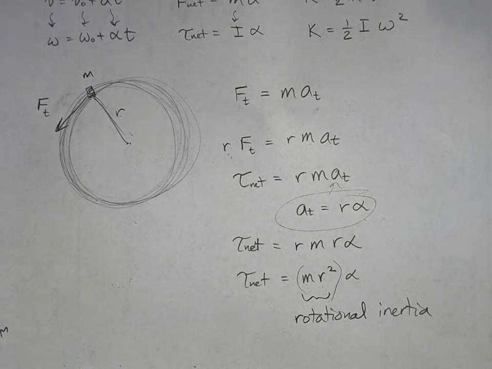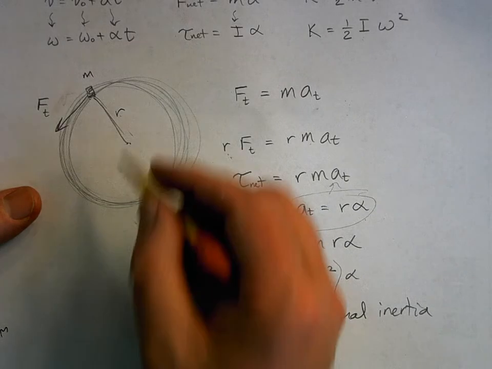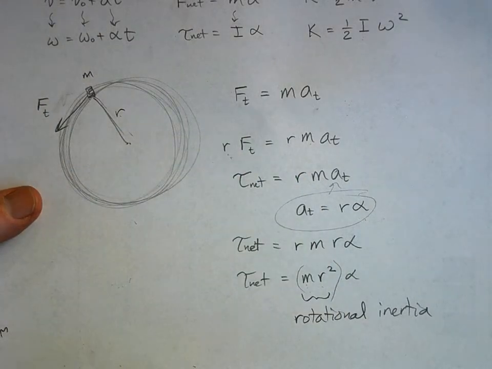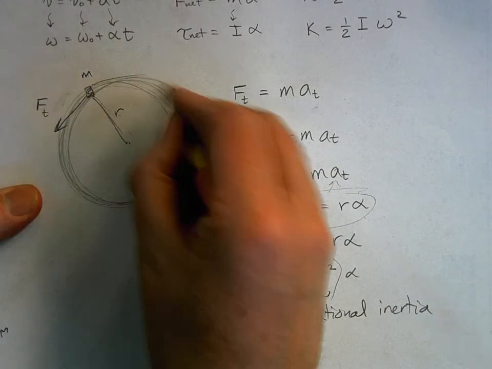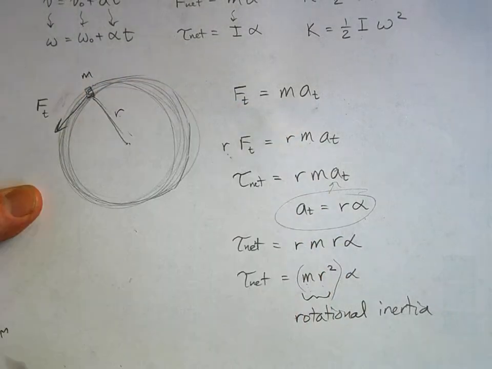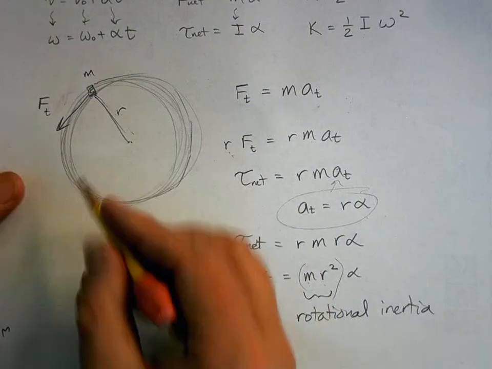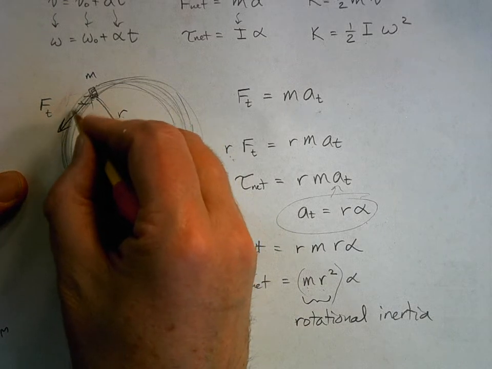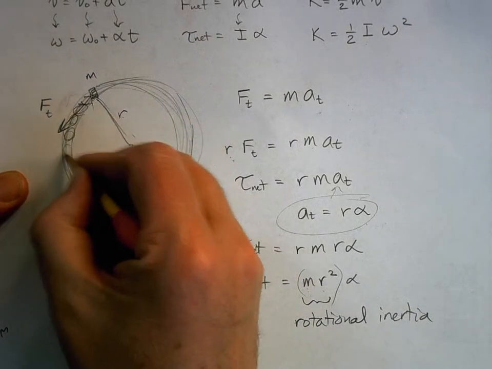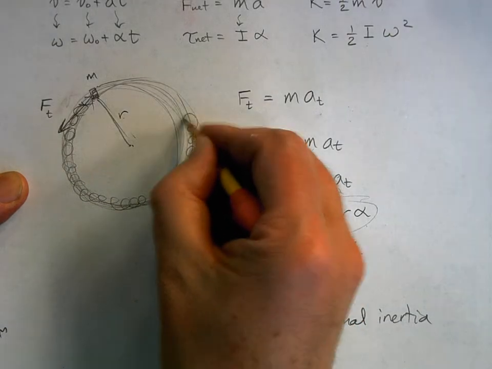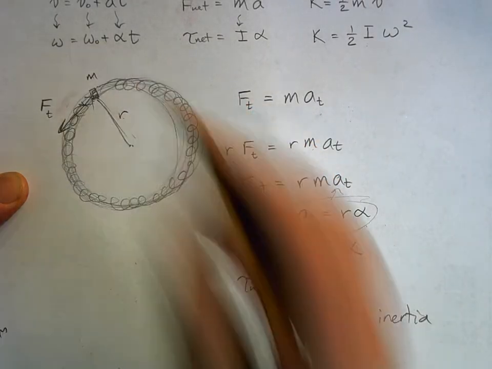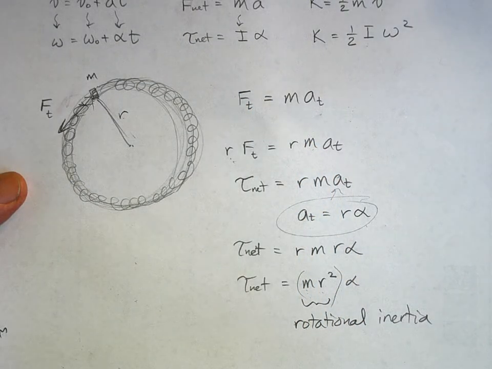Now, what if instead of a rubber stopper, I took a bunch of rubber stoppers and just glued them together and made a wheel out of rubber stoppers? Each little curl here is a rubber stopper. Well, what would that change?